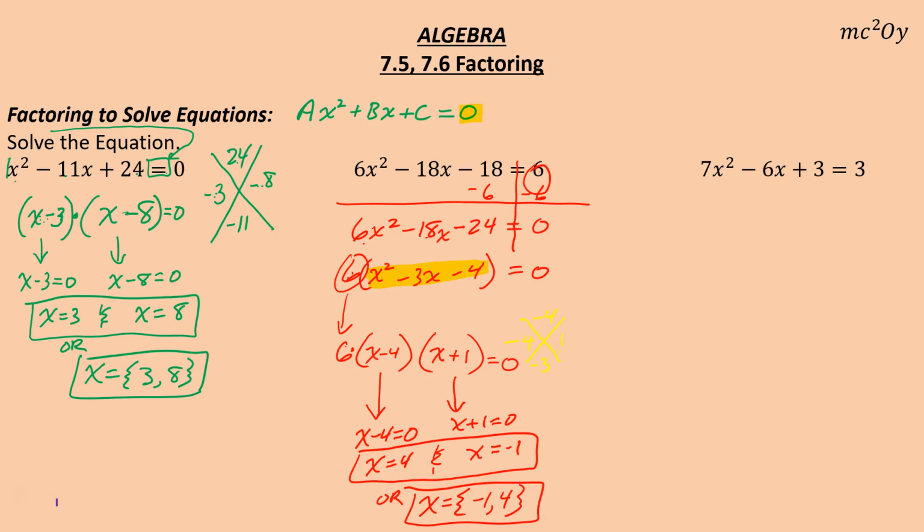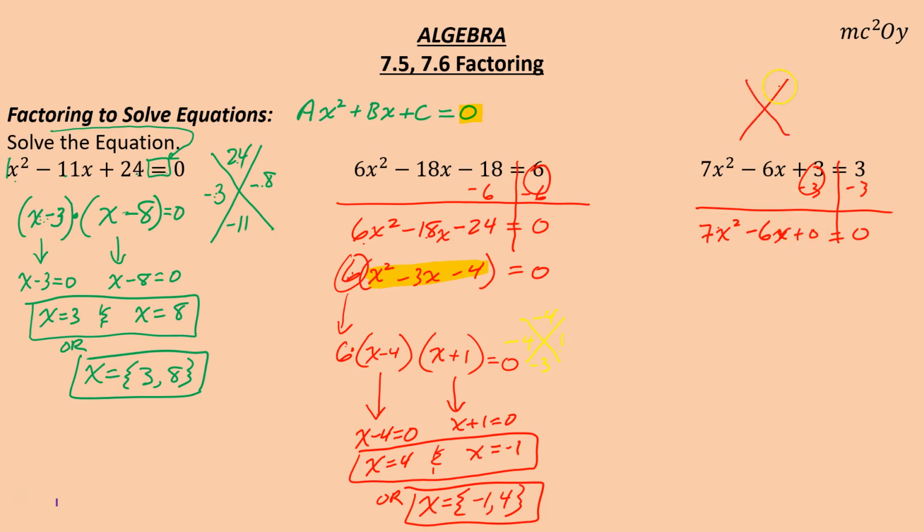Last one here, we are going to set it equal to 0, so we're going to move that 3 over. So we have 7x squared minus 6x minus 0 equals 0. Now it looks kind of weird. I've had some students in class put the 0 in here and do the whole thing.